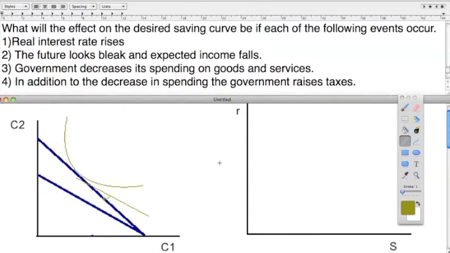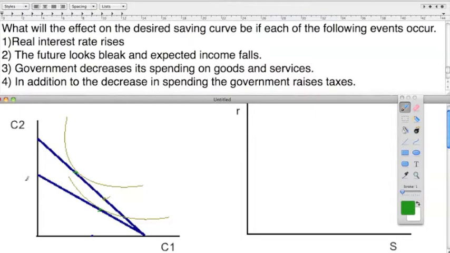It'll look something like that. So the starting point for Jimmy was to consume this much in period 1, however now he consumes this much in period 1. So he's almost to the point where he's borrowing in period 1, and that is due to the decrease in interest rate.